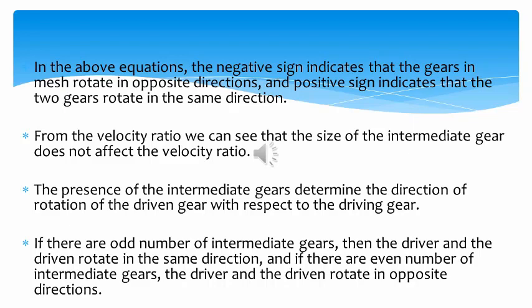The intermediate gear only affects the direction of rotation of the driven gear with respect to the driving gear, it never affects the speed. If there are an odd number of intermediate gears, then the driver and the driven rotate in the same direction, and if there are an even number of intermediate gears, the driver and the driven rotate in opposite directions to each other.